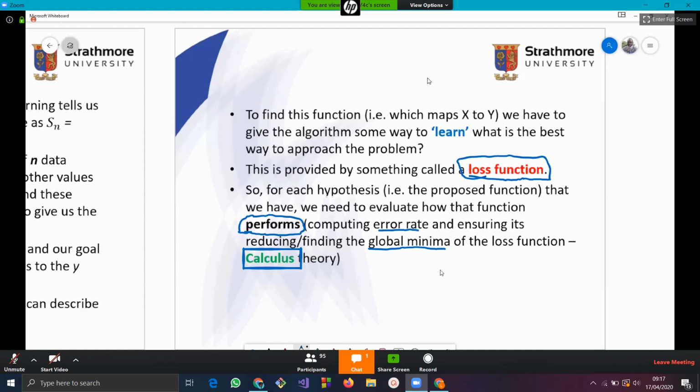And then you want to discover the function that is mapping X's to Y's, the inputs to outputs. So you have to learn that function. You have a loss function that is tracking how your algorithm is learning. And then you're tracking it using the performance measure, which is actually the error rate. And we are going to be finding this using calculus. I will tell you how.